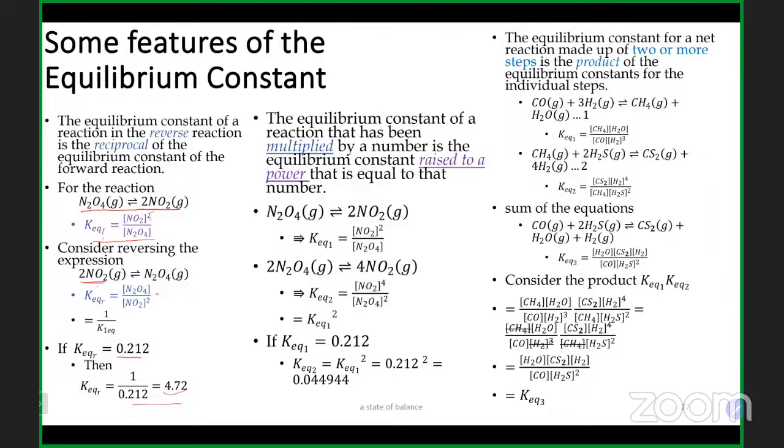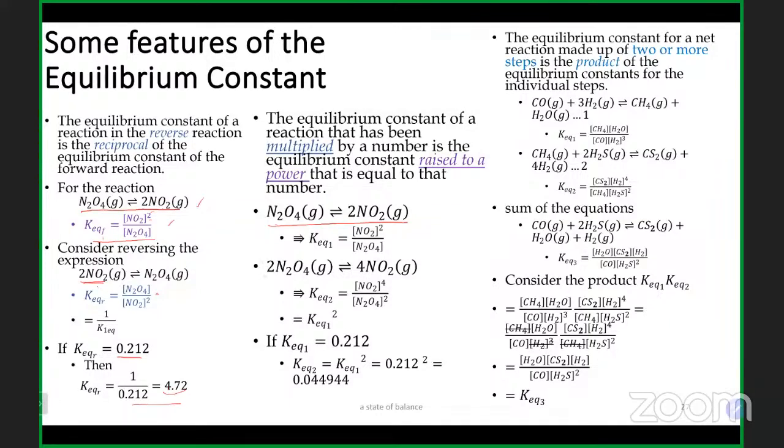That's number one. Number two, the equilibrium constant of a reaction that has been multiplied by a number is the equilibrium constant raised to the power that is equal to that number. For example, you have our expression N2O4 going to 2NO2, same reaction from here. That's the equilibrium constant.